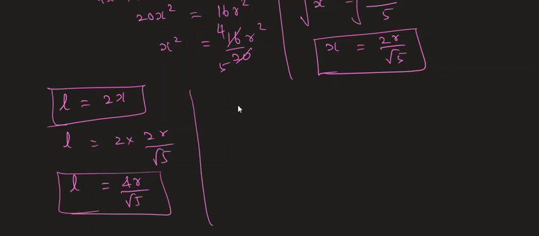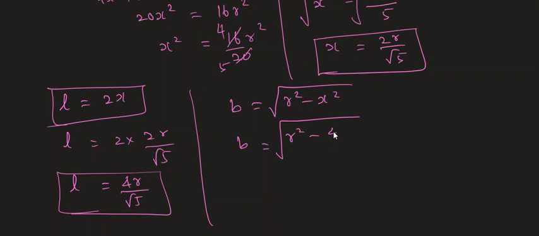What about the breadth? We know B is equal to the square root of r squared minus x squared. Therefore B is equal to the square root of r squared minus, instead of x we put 2r by root 5. So x squared means 4r squared divided by 5.